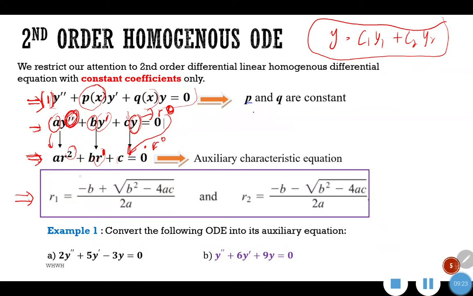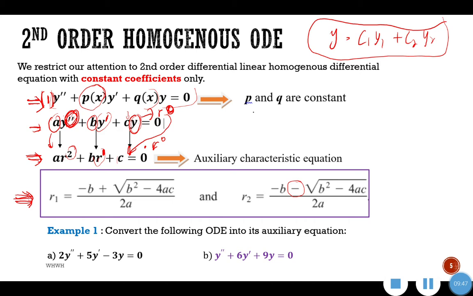So to get the values, kalau you boleh factor, you can factor. But yang paling sure step dia untuk dapat r ni, kita guna the quadratic equation. R is equals to negative b plus square root of b square minus 4ac over 2a, and satu lagi negative b minus square root of b square minus 4ac over 2a.